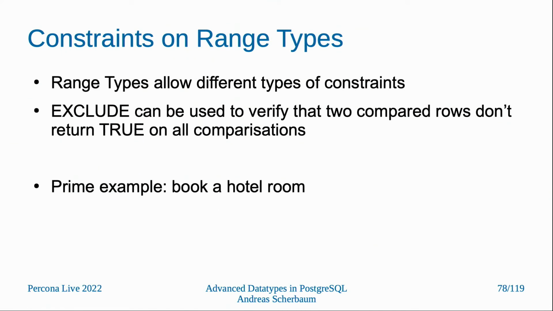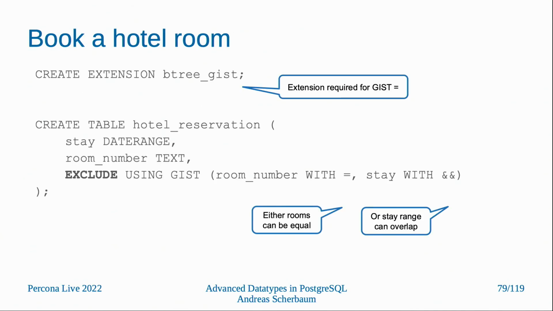You can also add constraints on range types. The most common one we have is exclude, but there are many more. I give you an example. I think the prime example you find everywhere is how you book a meeting room or how you book a hotel room and make sure that there's no double booking. We need an extension which is called btree_gist to create a gist index.